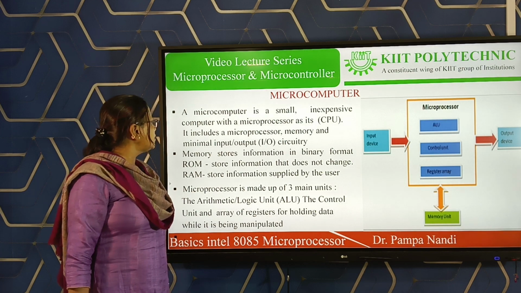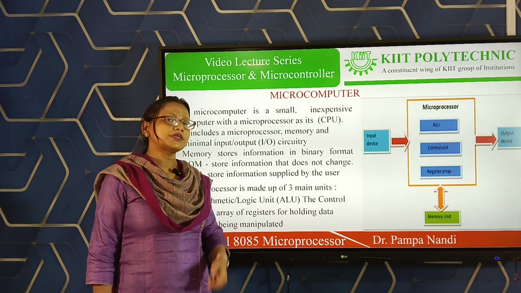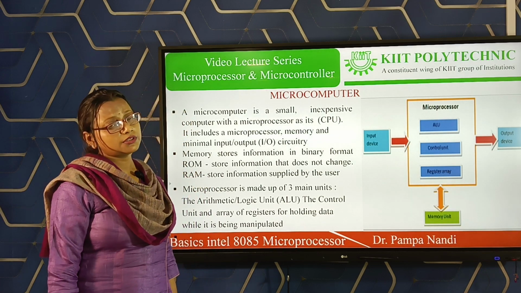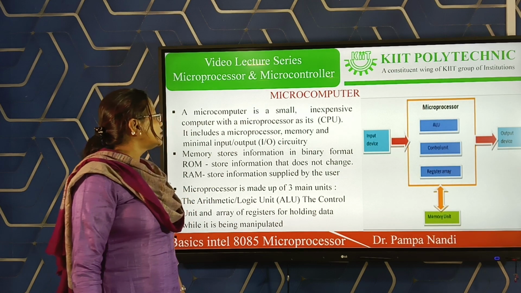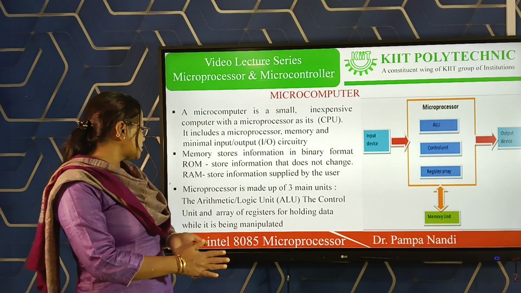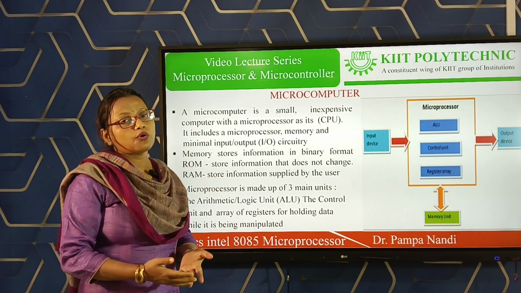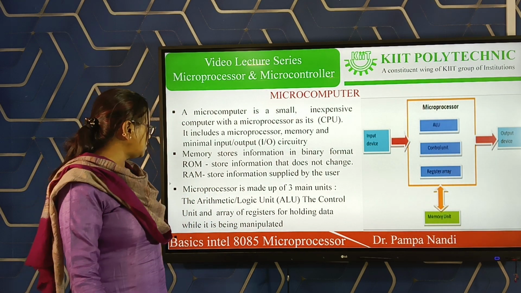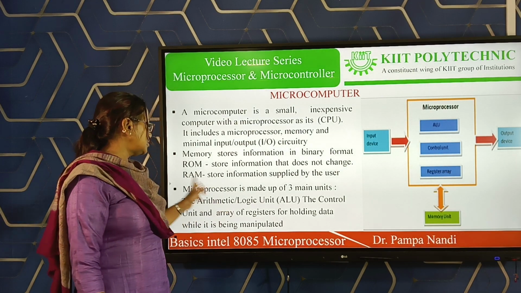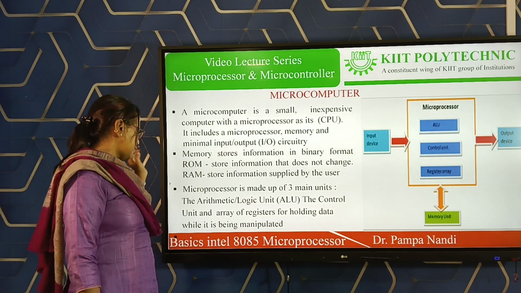And in the CPU of a microcomputer itself you can find the microprocessor chip as well as the memory chips, that is, ROM, read only memory, and RAM, read write memory. Along with this, the arithmetic and logical unit is there.